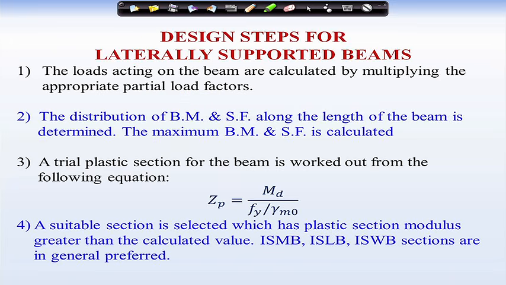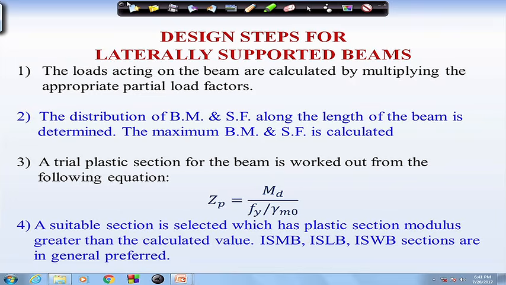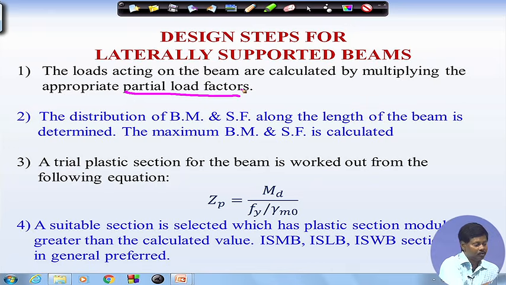In the first step, we find out the loads acting on the beam, and then we calculate the appropriate load by multiplying by the partial load factor. Whether it is due to dead load, live load, wind load or seismic load, depending on that we find the load coming and the partial load factor.